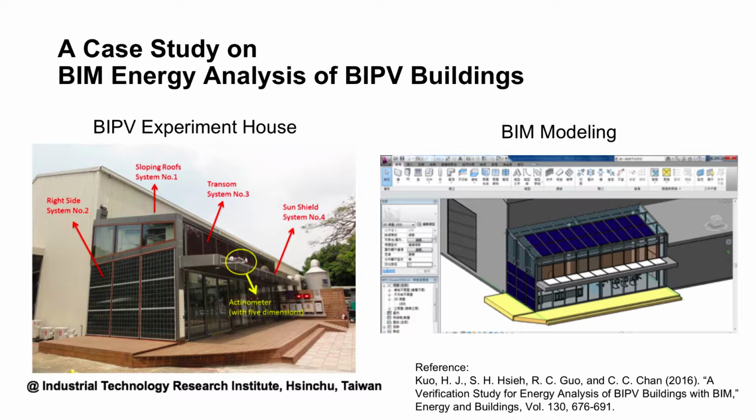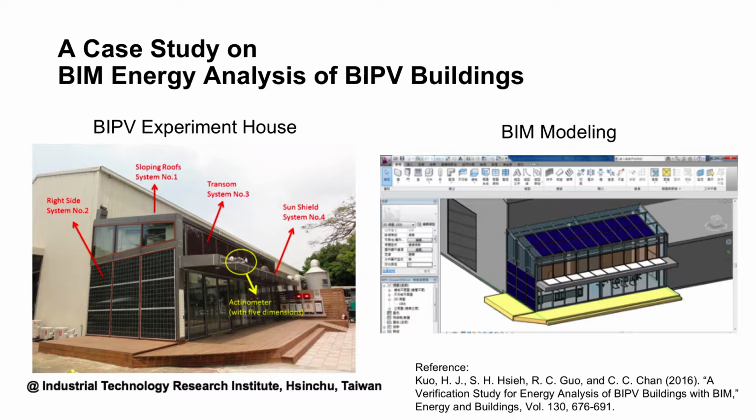We use architectural design method to integrate photovoltaic products such as solar panels into building envelope as part of building materials to take advantage of renewable energy.